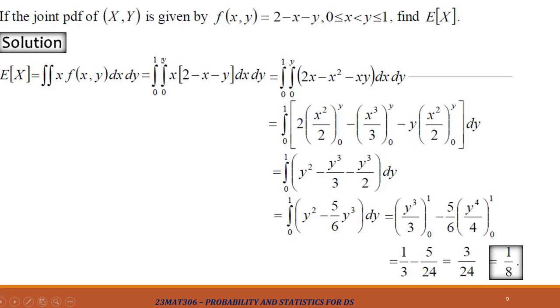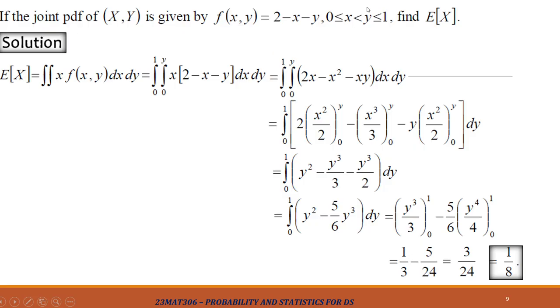Next, we have to fix the limits. Before fixing the limits, we have to check the interval. For dx dy, in the inner limits we write the limits for x. Here x lies between 0 and y, so the limits are 0 and y. Next, we write the limit for y.